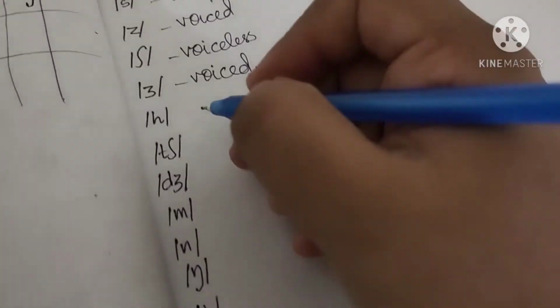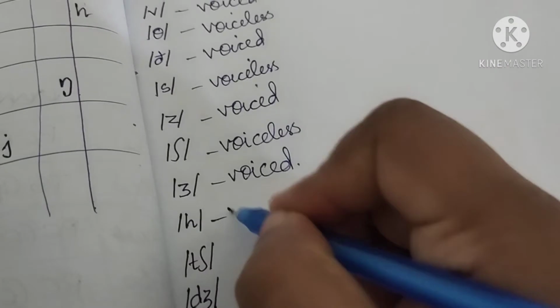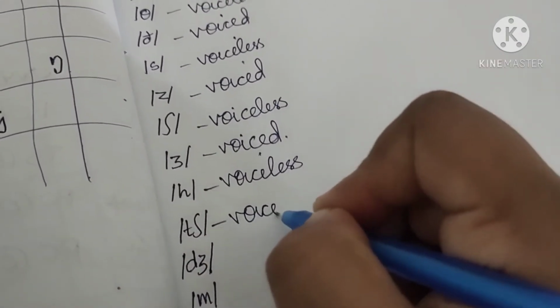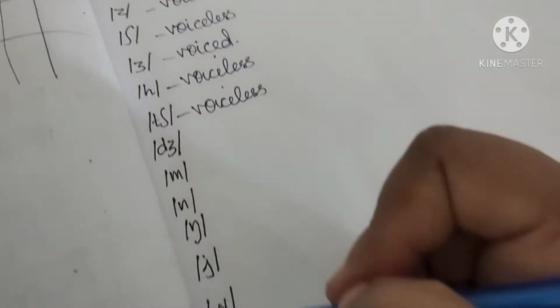Now the next two, H and Ch, are voiceless. Then all the rest are voiced.